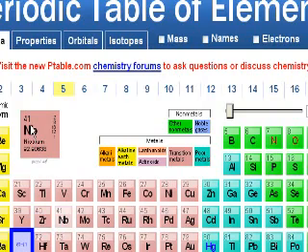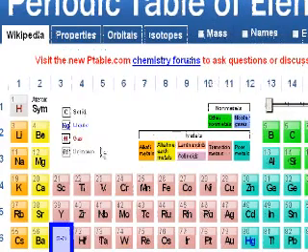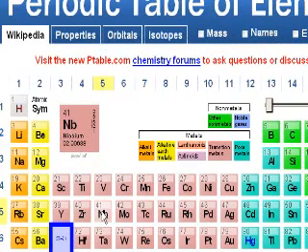So it's actually a little bit more than double its atomic number. Let's say 93. So if we had a mole of niobium, 6.022 times 10 to the 23 of niobium, it would have a mass of 93 grams.